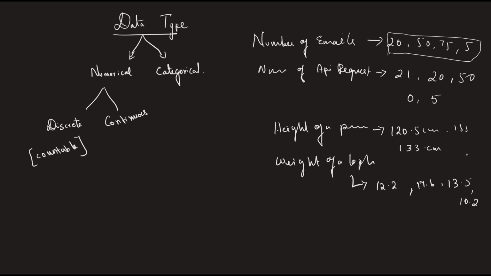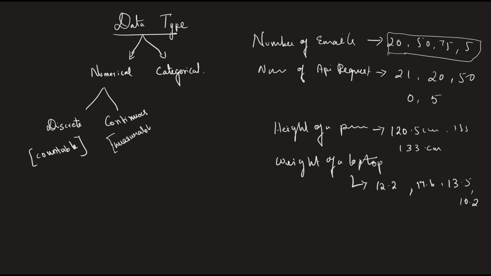But when you look at the height of the person and the weight of the laptop, are these countable? Did they count to get this 120.5, or is it measured? It is actually measured. When we measure, we get this kind of values within a specific range or ratios. So if it is measurable, then it is continuous.